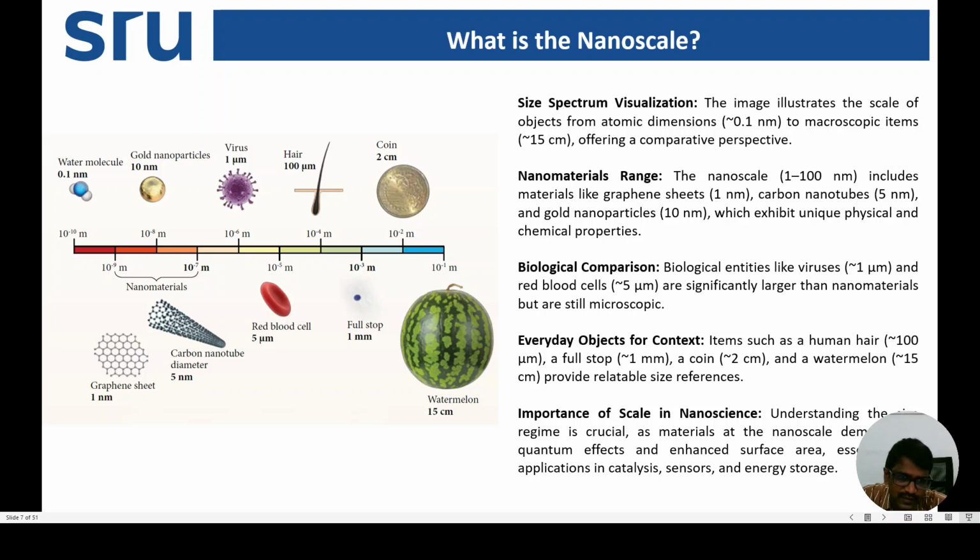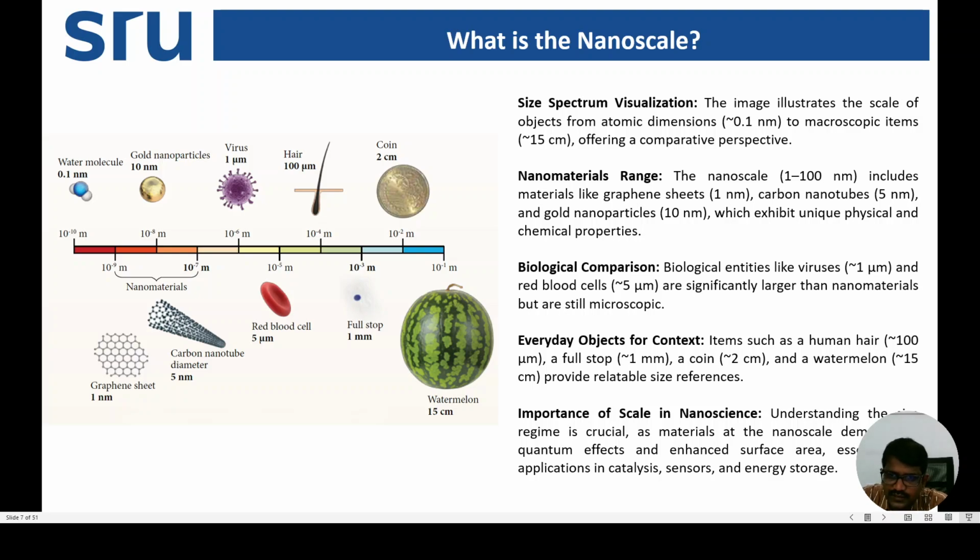You can imagine the size of these objects. The hair size is around 100 micrometers, the red blood cell 5 micrometers. You can see the significant reduction in the size range.